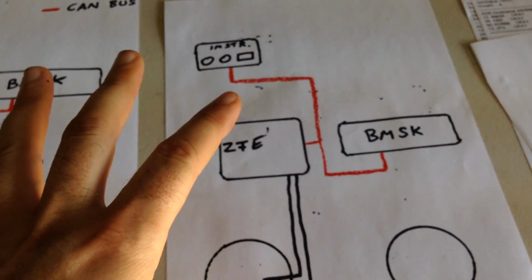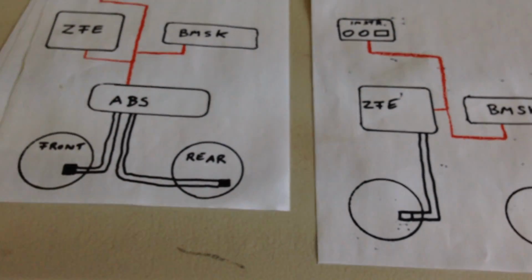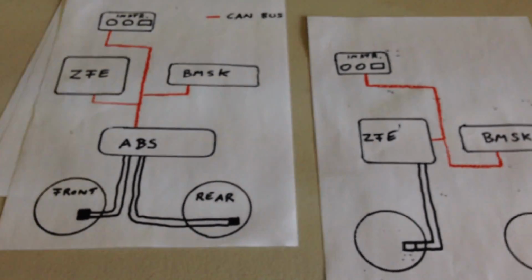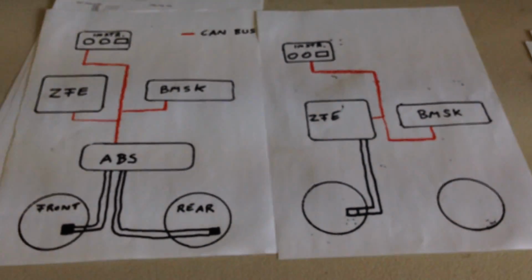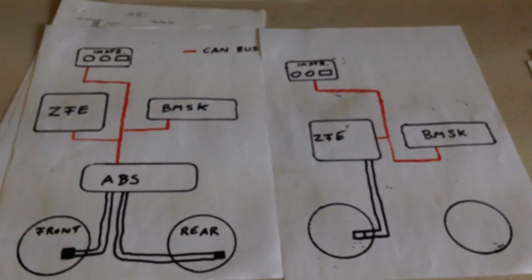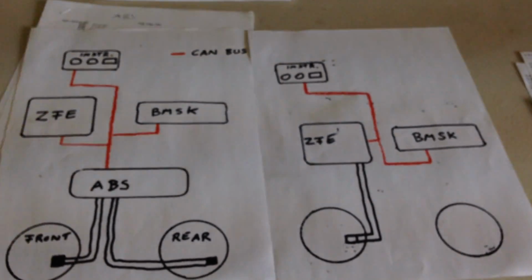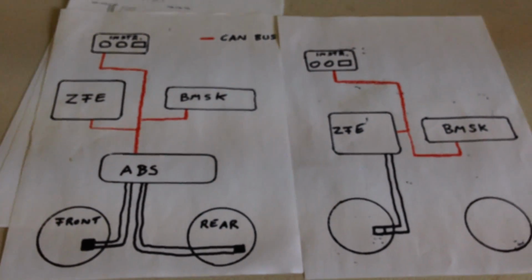So taking out the ABS module and rewiring the bike to be a non-ABS bike will be an absolute nightmare for anybody that has no knowledge about electronics and software. I wouldn't.